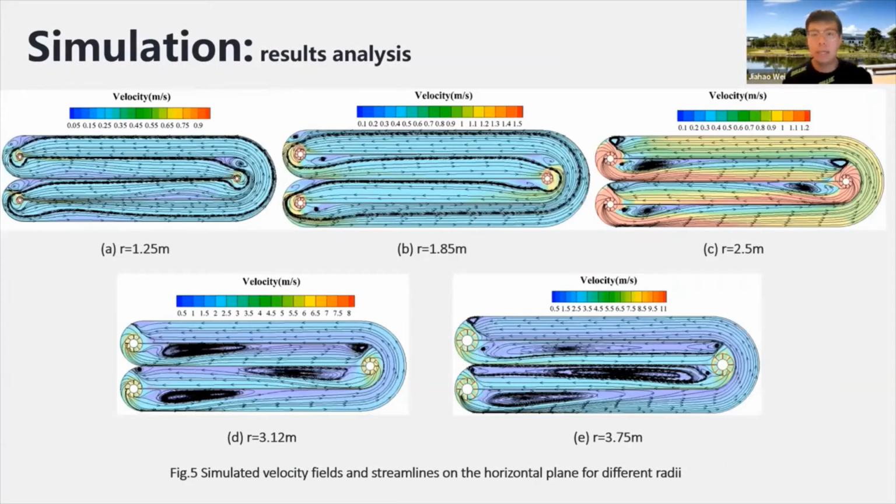This is the simulated velocity fields and streamlines on the horizontal plane under 5 different radial sizes of impellers. As can be seen from figure 5, when water flows into a straight channel, the recirculation zone is formed at the inner side of the straight channel because of the uneven flow velocity.